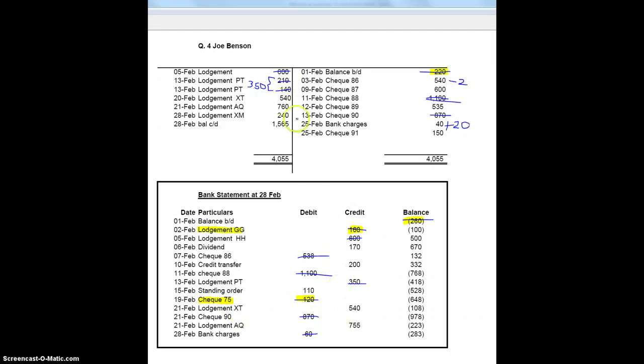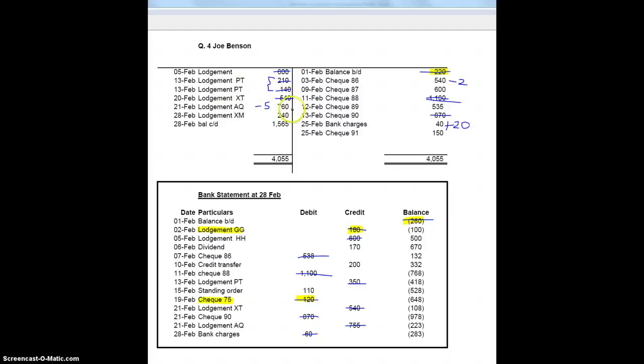Lodgement XT is 540 versus 540. And then AQ, Joe Benson has recorded 760. In reality, it was only 755, so that needs to be reduced by 5. I'm going to take away this 350 because it's going to confuse things, and then cross out that, and we've nothing then for the 240.